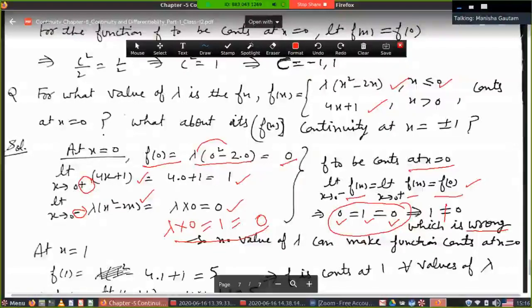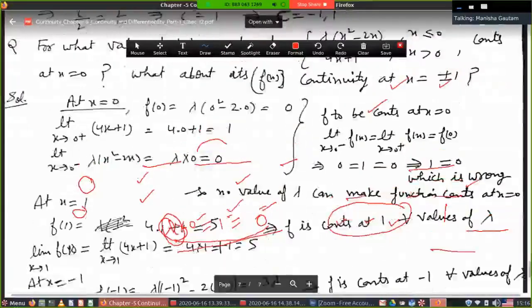Can you take any value of lambda which makes these three values equal? No. No value of lambda can make the function continuous at x equal to 0.